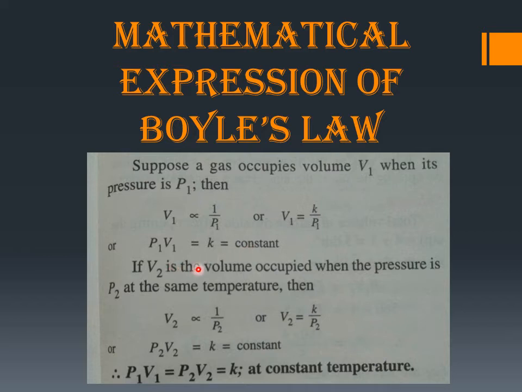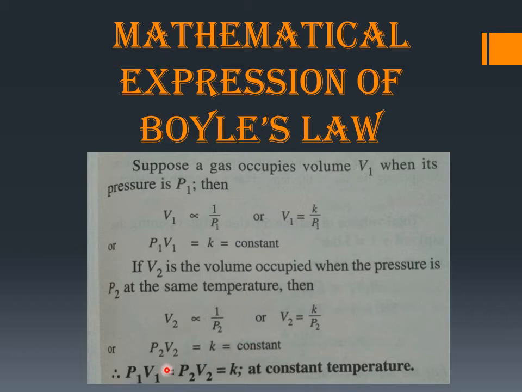If V2 is the volume occupied when the pressure is P2 at the same temperature, then according to Boyle's law, V2 is proportional to 1 by P2, or if we remove the proportionality sign, V2 is equal to a constant K divided by P2, or P2 V2 is equal to K, a constant.